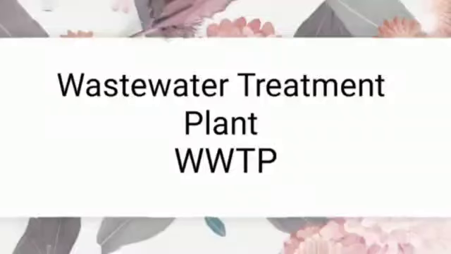So first is screening. Initially, the sewage is passed through screens of bars where solid waste such as metal cans, plastic bottles, napkins and cloth pieces are all removed. Then second, pumping. The screened wastewater is pumped to the aeration tank.